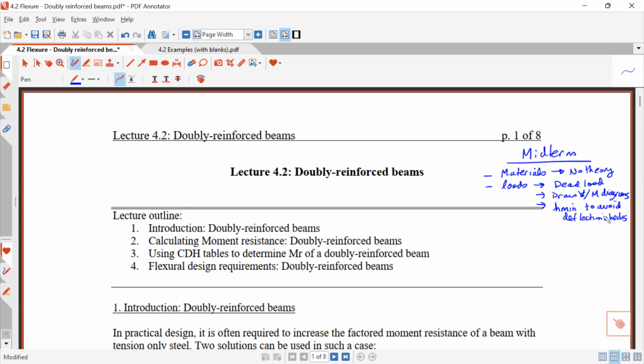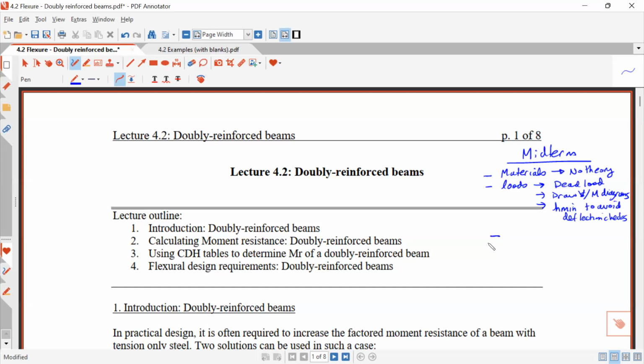The main things you need to know is how to determine dead load. If I give you a simply supported beam or a cantilever beam with a certain defined cross section, how to determine the dead load for that, and then how to draw the shear and moment diagram with that information. We also saw the minimum thickness, how you choose the minimum thickness to avoid detailed deflection checks. That's all you need to know from loads.